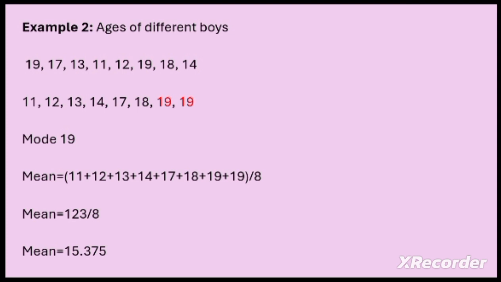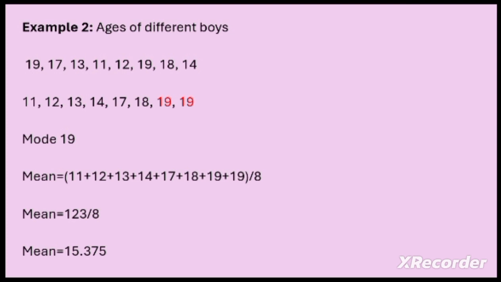Now as you can see, this is a different example. Why is it different? Because in the previous example the number of entries was 7. Now our number of entries is 8, and 8 is an even number.